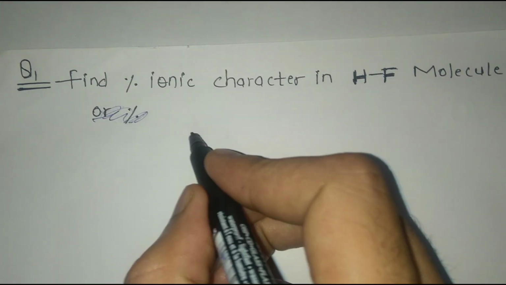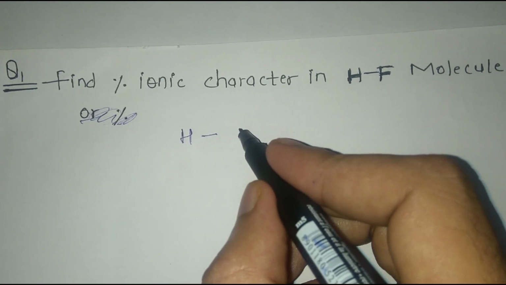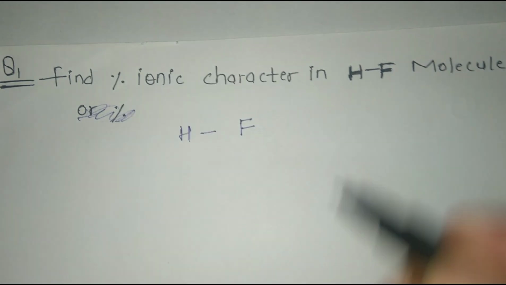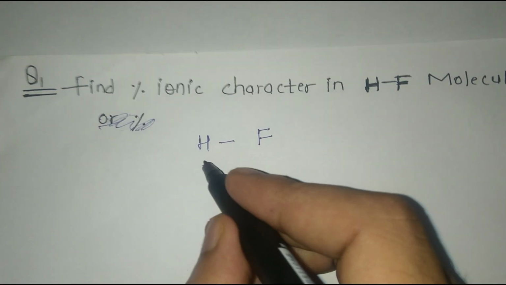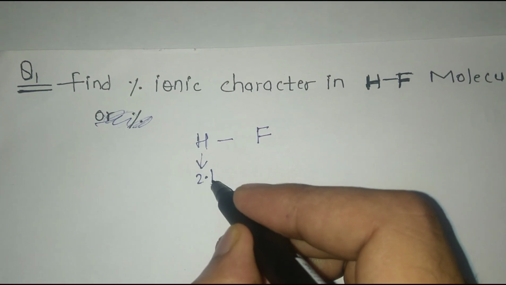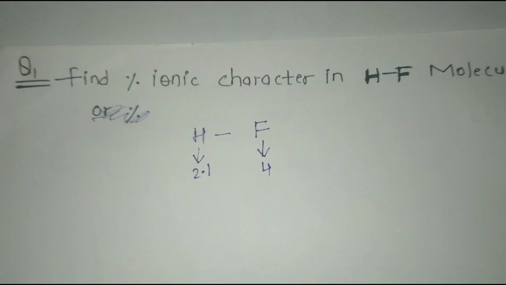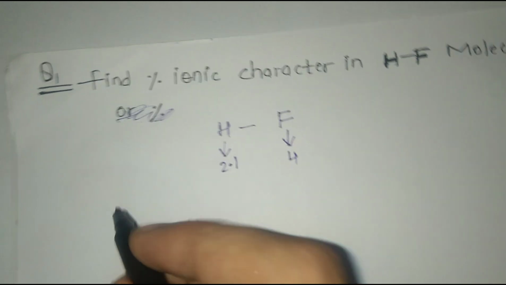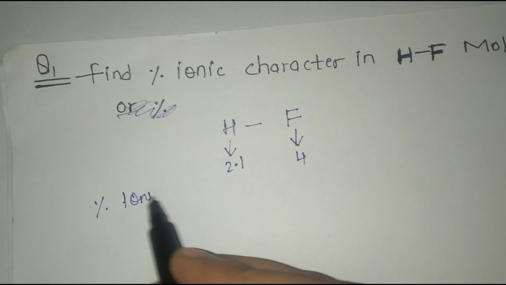As we know, the HF molecule comprises hydrogen and fluorine. The electronegativity of hydrogen is 2.1 and that of fluorine is 4. Now we have to calculate the percent ionic character.